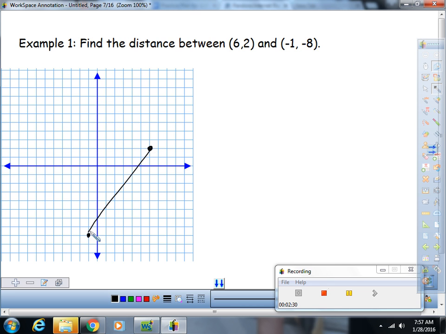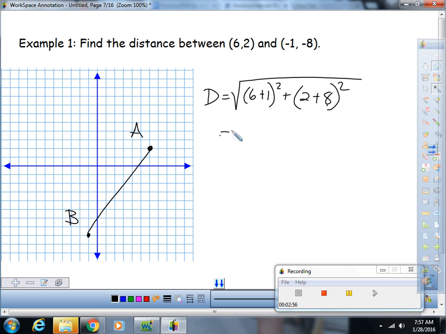We're trying to find the distance between point A and point B. So, distance is the square root of (6 minus a negative 1) squared plus (2 minus a negative 8) squared.